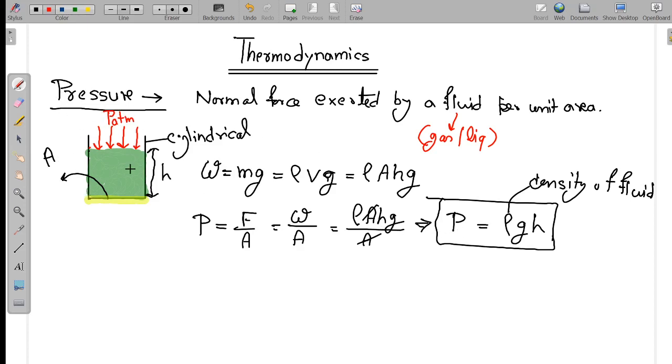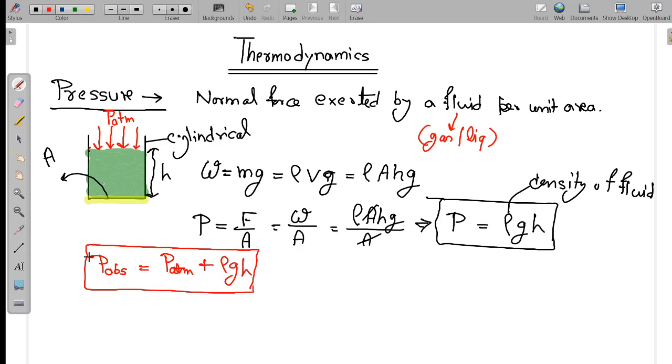If I want to find out the absolute pressure, then I have to take the atmospheric pressure into consideration. Then the pressure will be P atmospheric plus rho into g into h. In a further lecture, I will show you the difference between absolute pressure, gauge pressure and atmospheric pressure.